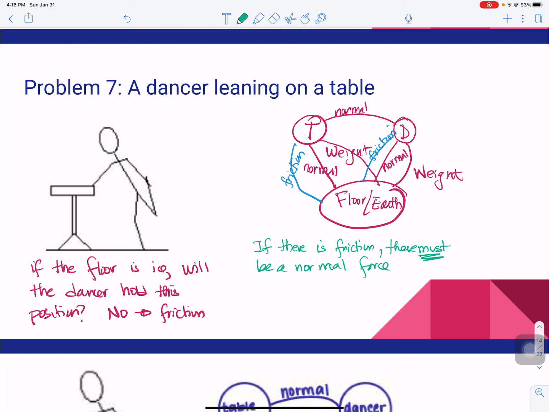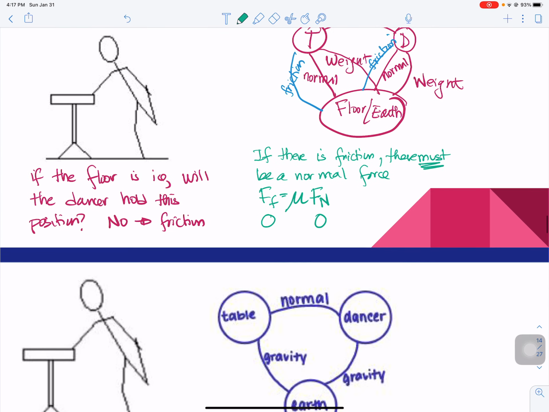And we know this from the formula: the force due to friction is equal to the coefficient of friction times the normal force. So if this is missing, then that has to be missing. Okay. All right, let's see how we did.